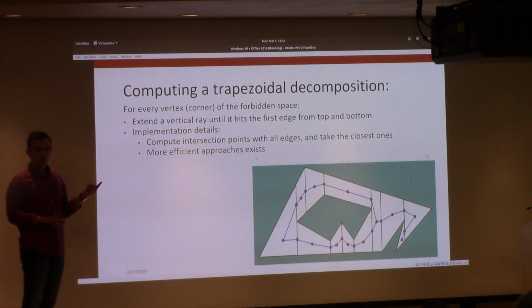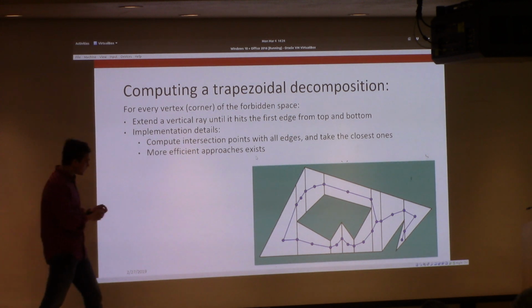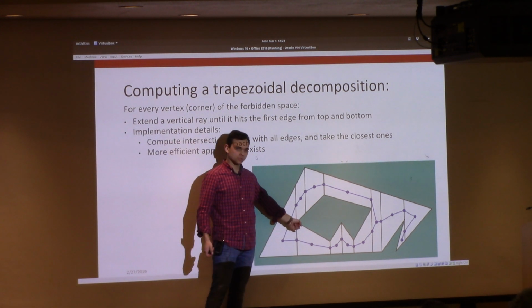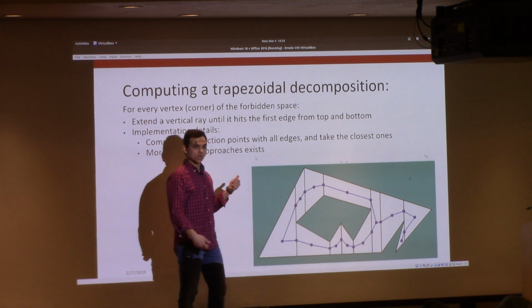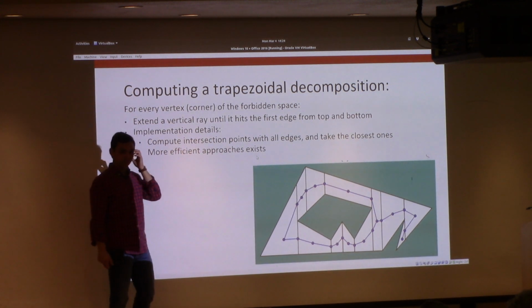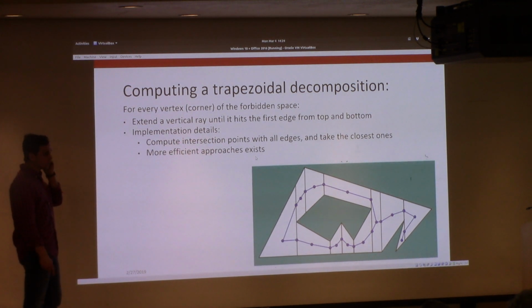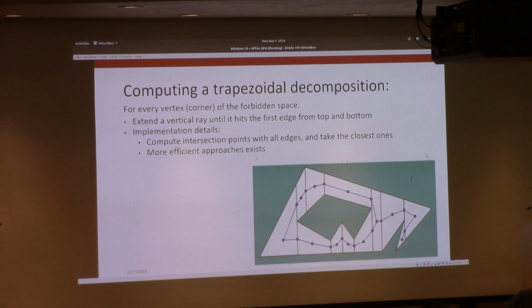And we will pick which ones? We will pick the intersection points that are closest to this vertex. Okay? This will induce one trapezoid, or two trapezoids in this case. This is how we would proceed. So all those continuous problems break down into a sequence of discrete decisions that we need to make.